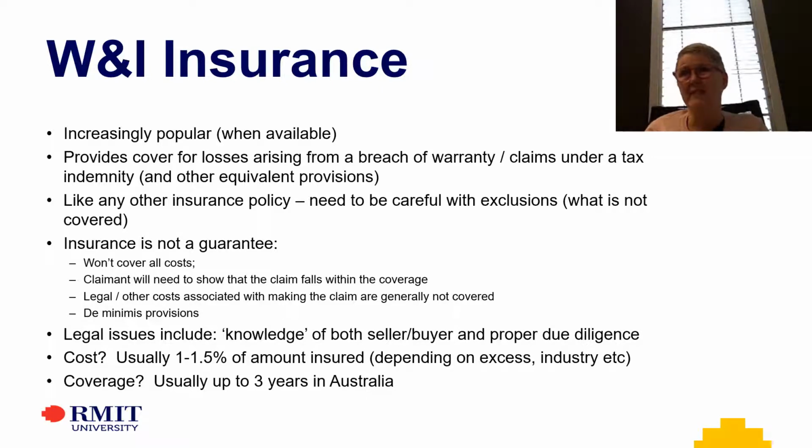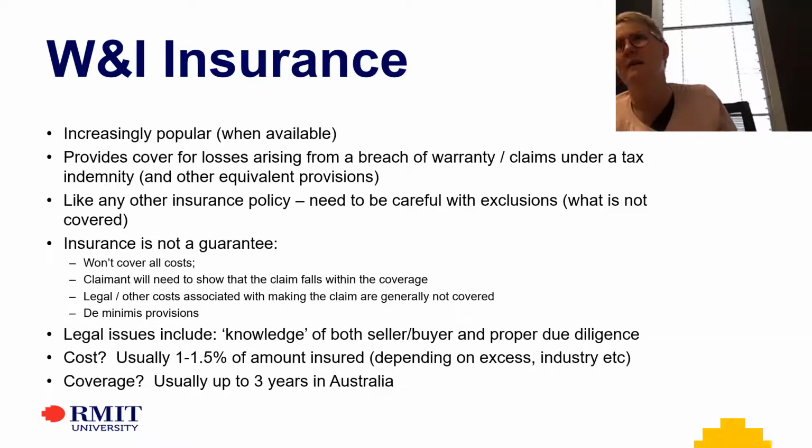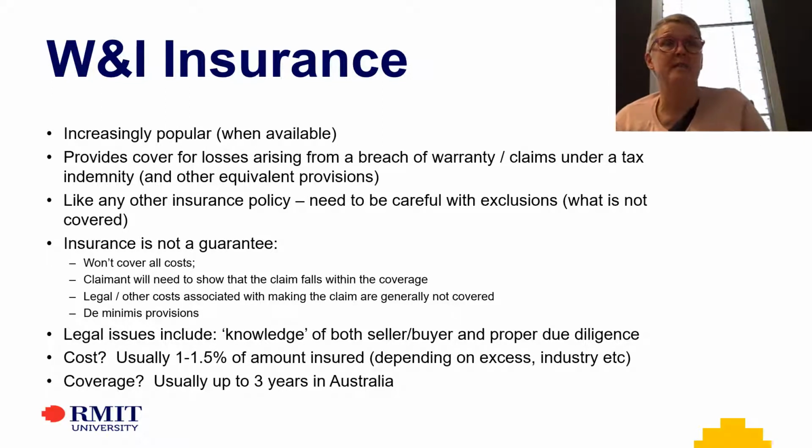So then you kind of run out of your time limit. But coverage is only for 3 years. Now, why wouldn't you bring a claim within the 3-year period? It's probably because it hasn't come out of the woodwork yet. So it's only things that have come out later.